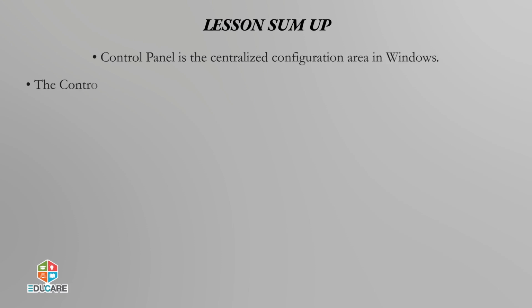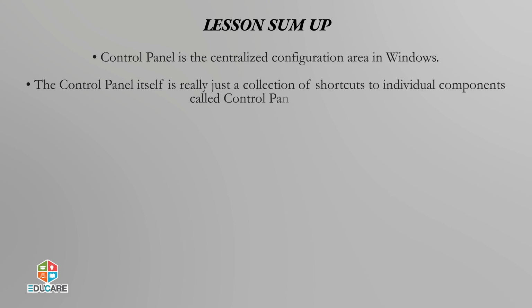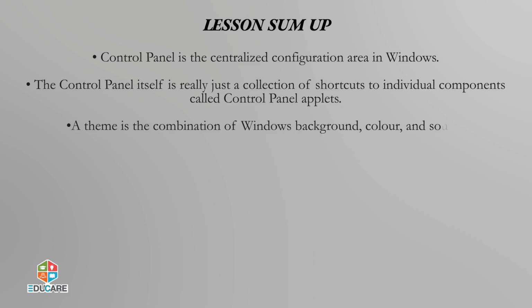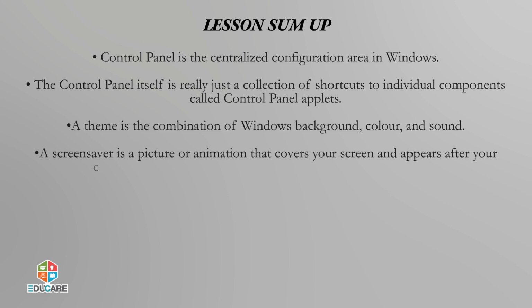Lesson sum up. Control Panel is the centralized configuration area in Windows. The Control Panel itself is really just a collection of shortcuts to individual components called Control Panel applets. A theme is the combination of Windows background, color, and sound. A screensaver is a picture or animation that covers your screen and appears after your computer has been idle for a specific amount of time that you set.